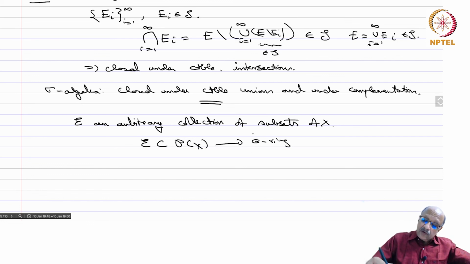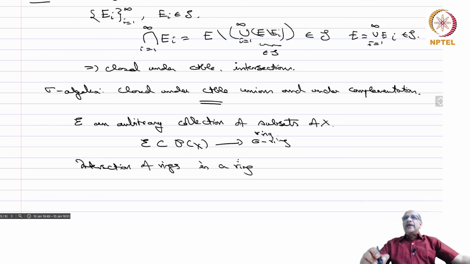Now the intersection of rings is a ring, obvious. So you take various rings, and take the common elements of these rings, the common subsets. Now if two elements are in this common collection, then the union is in all of them, and therefore it is in the intersection. The difference is in all of them, and therefore in the intersection.